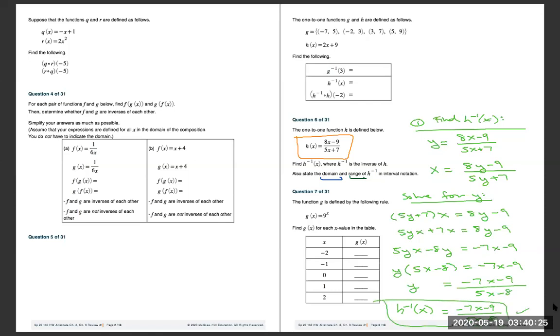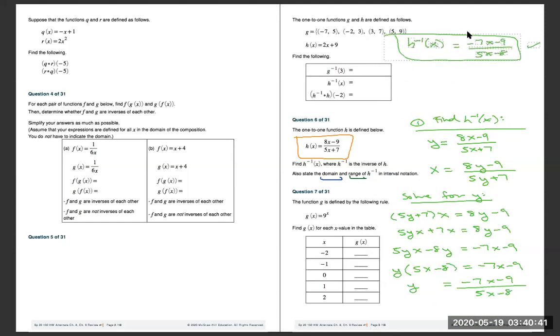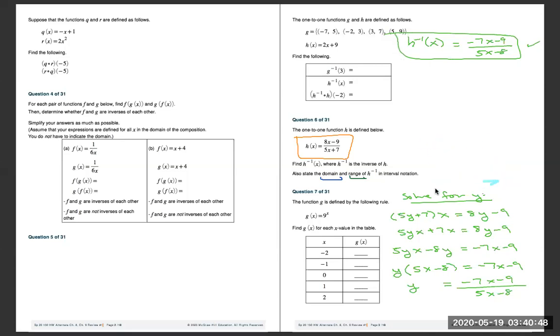All right, so check for the first part. Save the picture. I'm going to take this portion and move it up to the top so we can remember that. And then we're going to find the domain and range.